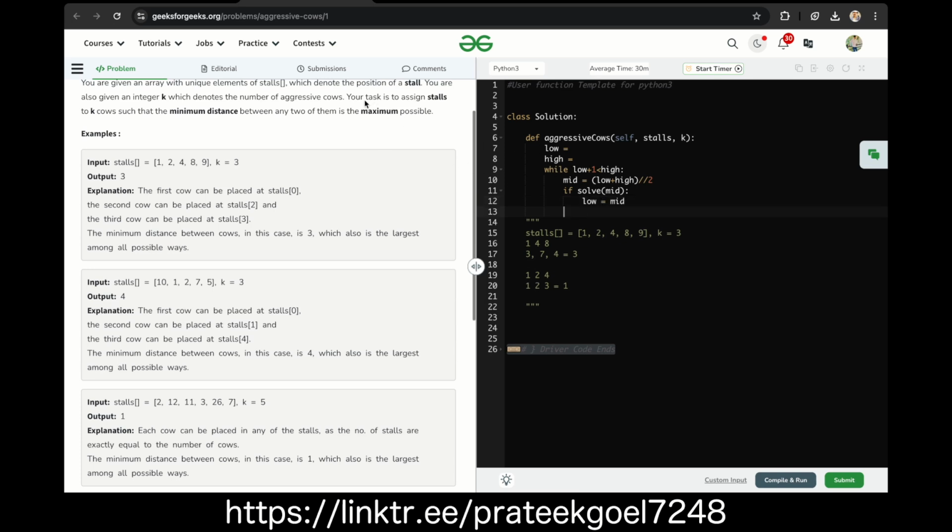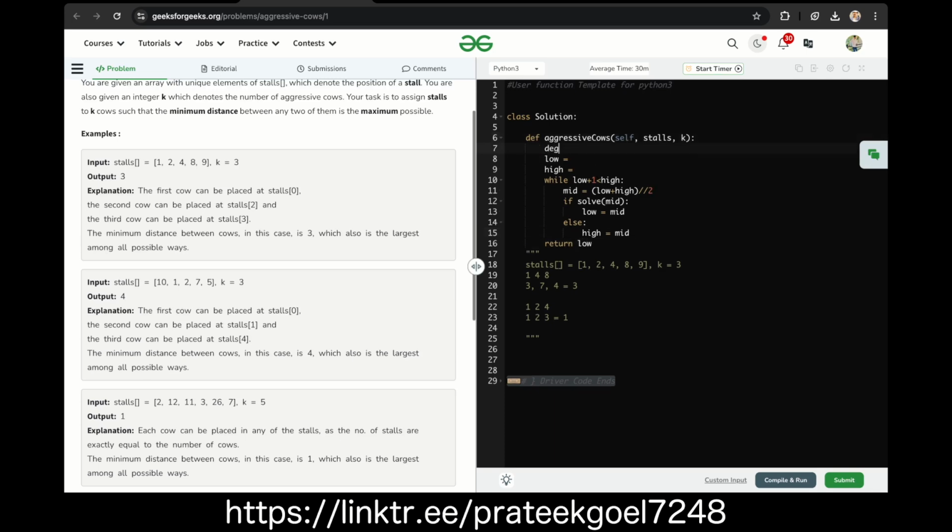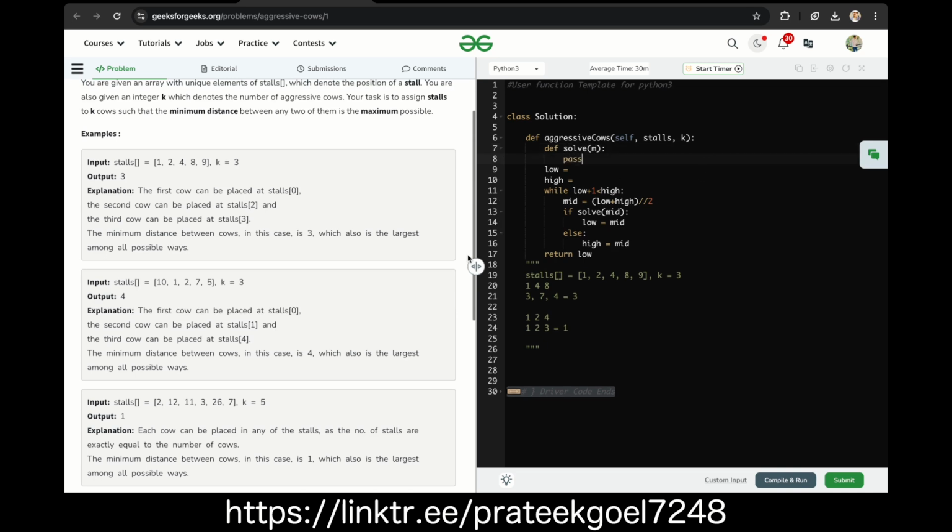If we have to find the minimum, then we do high equals mid. Low will hold the highest valid one, so we return low. And then we will have a function pass.